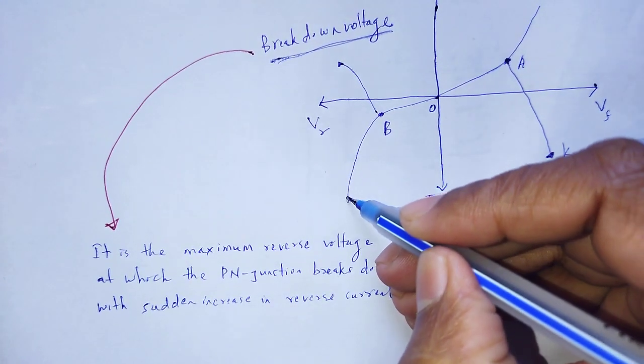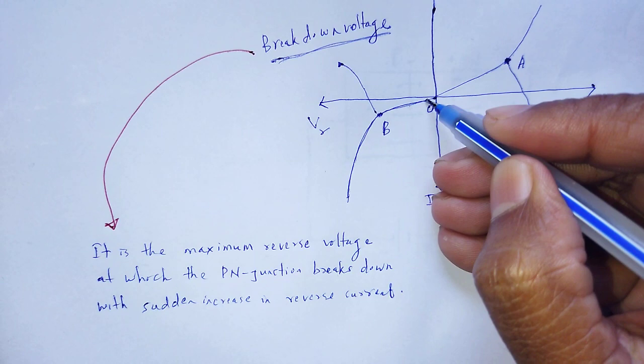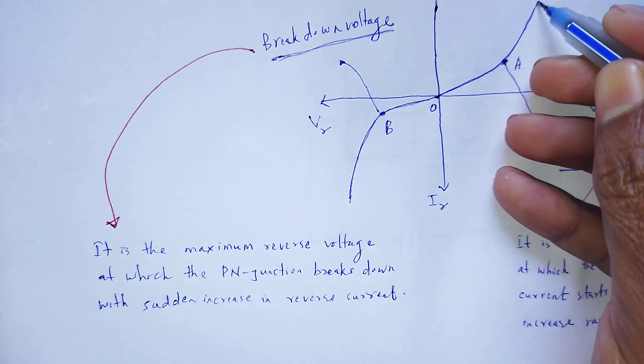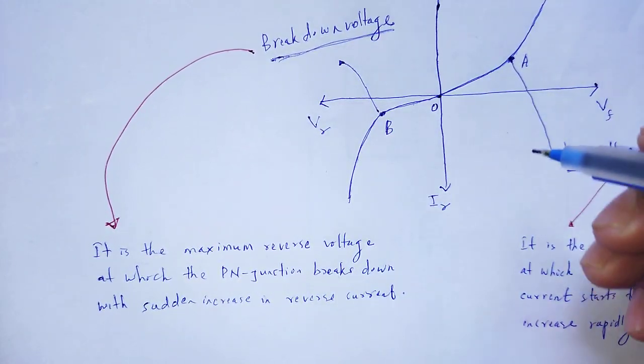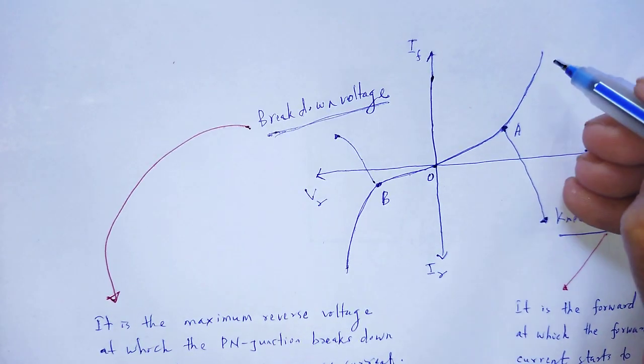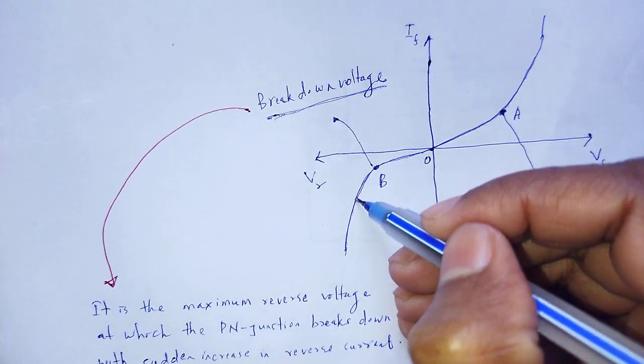So, in the graph we show what breakdown voltage is and what knee voltage is.